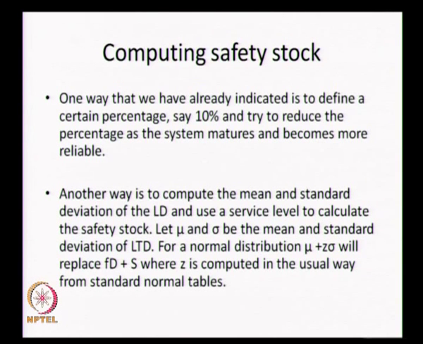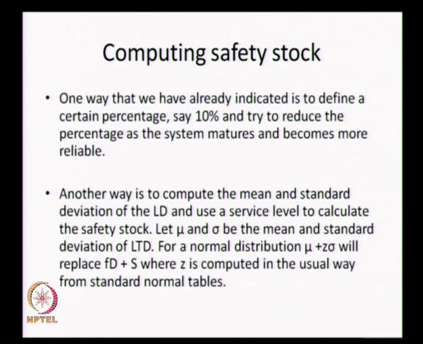So, if we say in this case that the standard deviation of the lead time demand, let us say, is 2, if sigma is found as 2, later we will show a procedure as to how we compute the sigma.